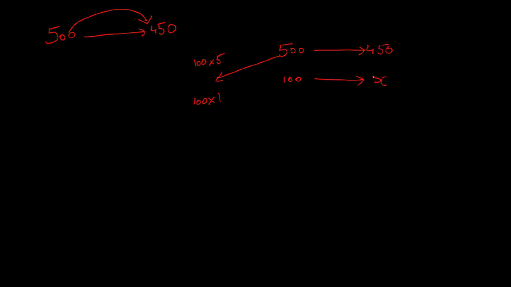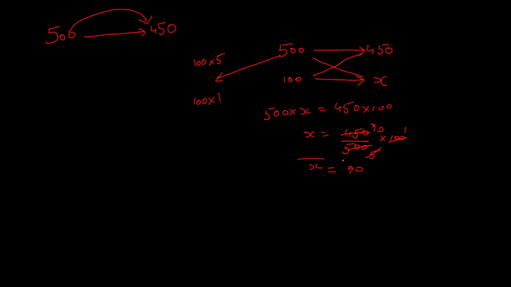So, to find my marks out of 100, what I'll do is cross multiply these two values. That is 500 into x equals 450 into 100. So, x equals 450 upon 500 into 100, which is, 5 ones are 5, 5 nines are 45, so x equals 90.